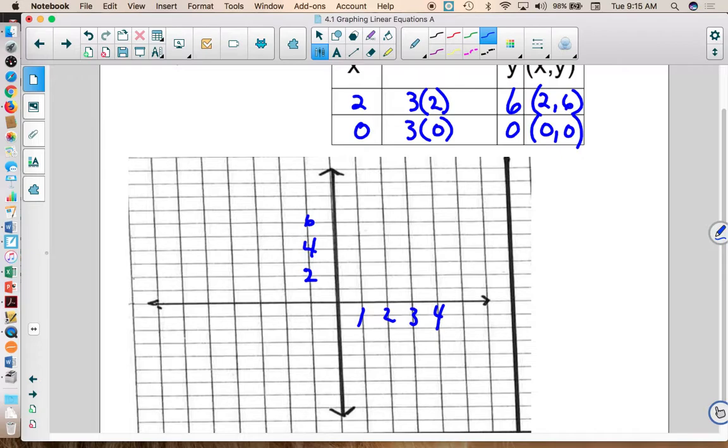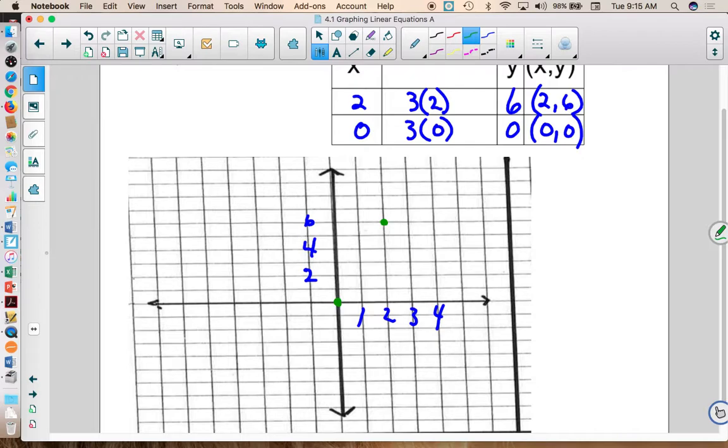Now I go in and I use what I call these crosshairs. How many of you hunt, or play video games where you're shooting? You know there's a crosshair on your scope? That's what you're looking for, the crosshair of the graph. So if I'm looking at a graph at 0, 0, I've got one here at 0, 0. My second one is at 2, 6. Here's 2 and up to 6. I've got my points where they need to be.